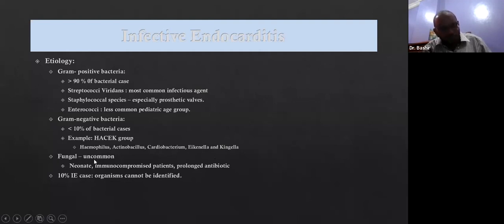Fungal infection is uncommon, but it can occur in neonates, immunocompromised patients, or patients having prolonged antibiotics. In 10% of infective endocarditis cases, the organism cannot be identified. Sometimes you have to look for a fastidious organism, like Brucella or Q fever.